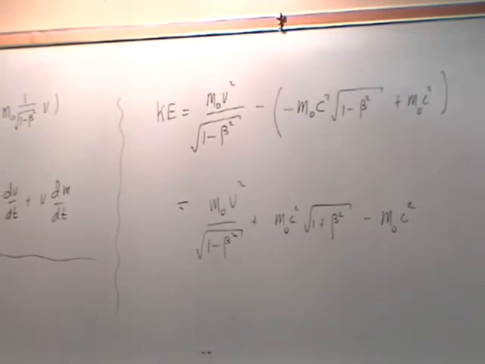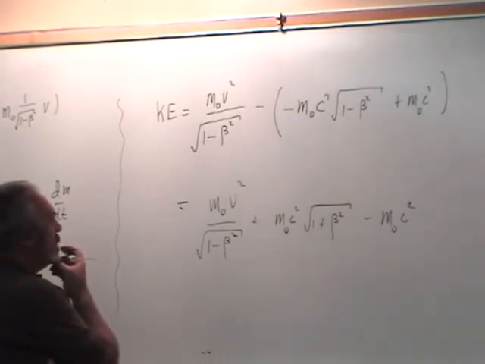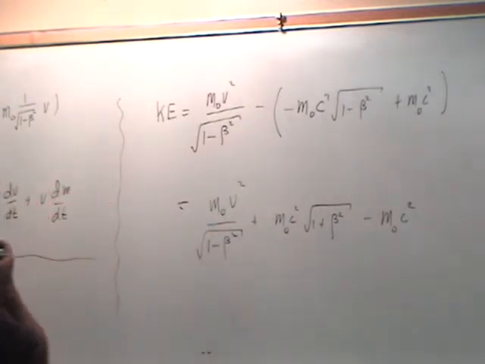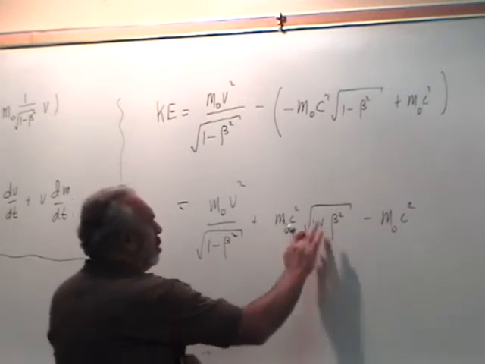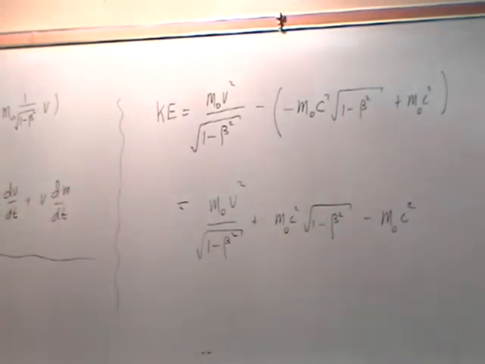And then we endeavor to combine these two terms. We can do that by multiplying this term by 1 minus beta squared over 1 minus beta squared, both of them under the square root.